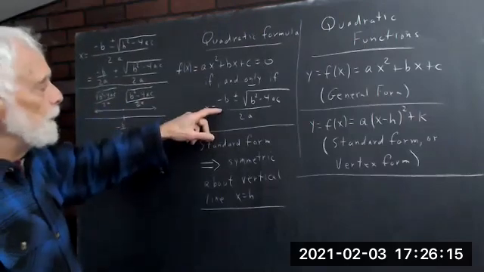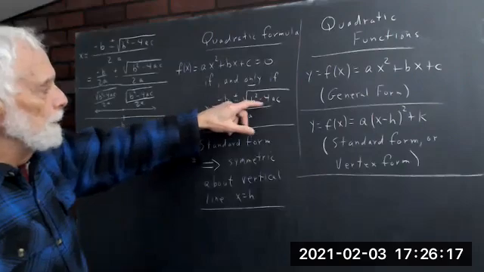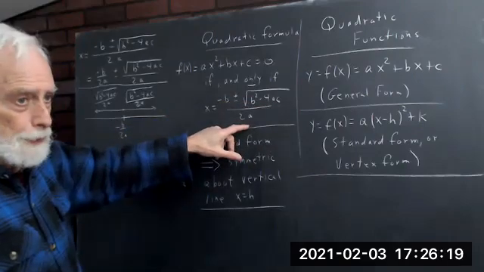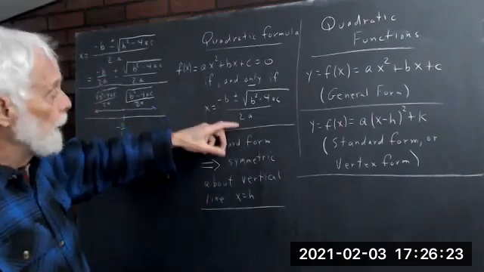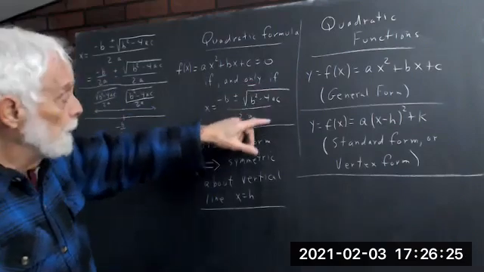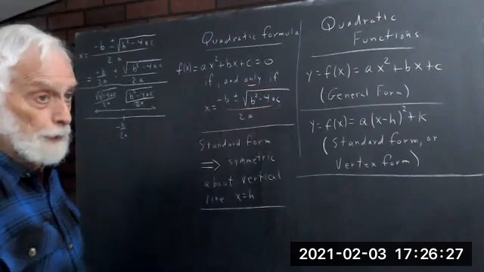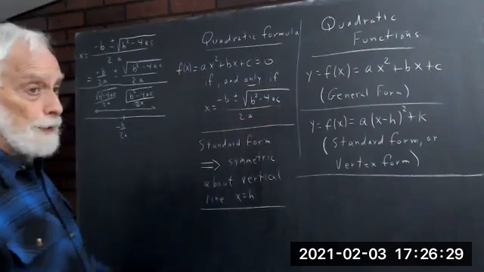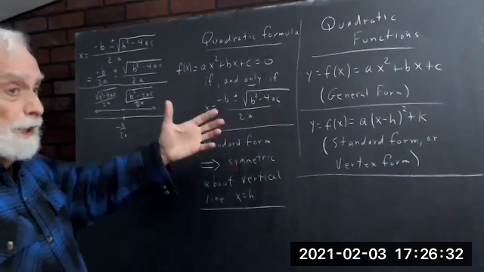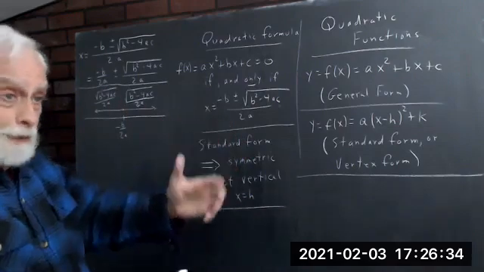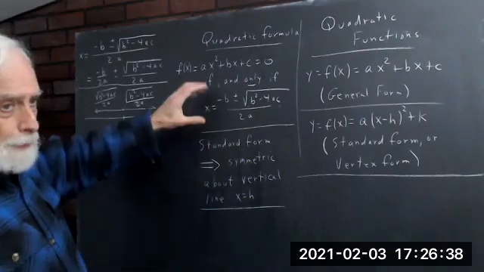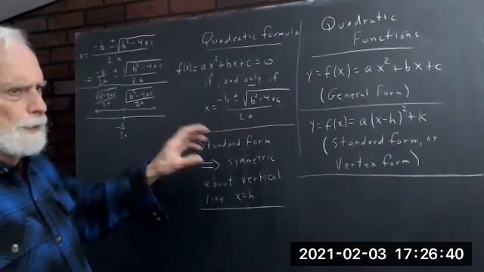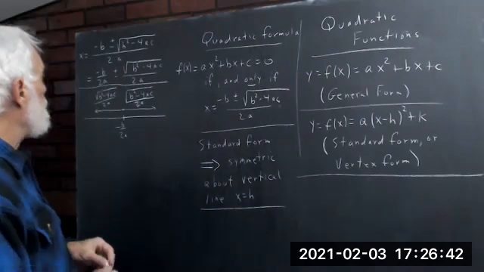In other words, negative b plus or minus the square root of b squared minus 4ac, divided by 2a, by the distributive law is negative b divided by 2a plus or minus the square root of b squared minus 4ac divided by 2a. For the same reason that 3 plus 7 over 8 is 3 over 8 plus 7 over 8. It's the distributive law, because division is just multiplication by the reciprocal, and multiplication is distributive over addition.